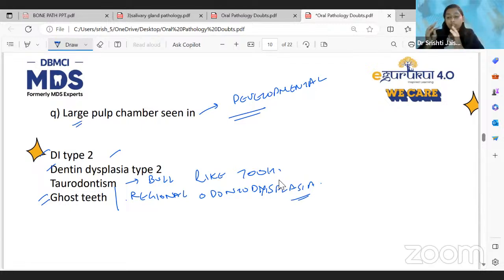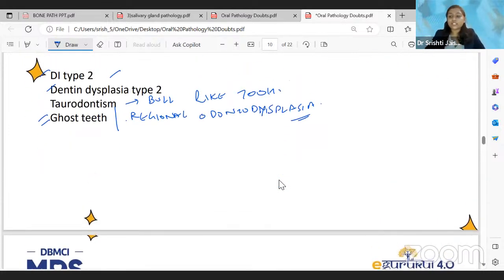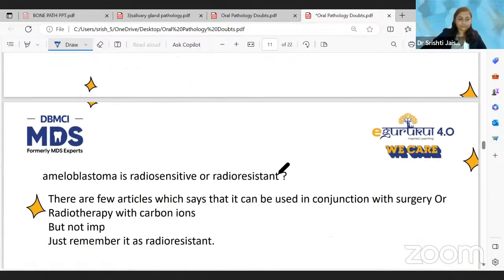Because the dentine production is less in dentinogenesis imperfecta type 2. That is why we see an abnormally large pulp chamber. Now, dentine dysplasia has two types, radicular and coronal. Here again, there is defective dentine formation.